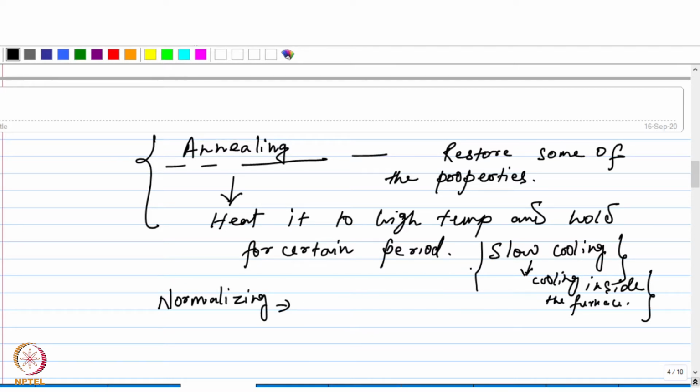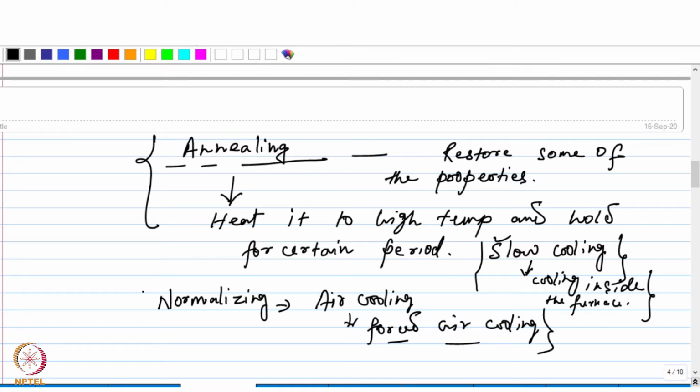On the other hand, if you want to increase the cooling rate, you can simply take it out from the furnace and do air cooling, either natural air cooling or forced air cooling. If you want to increase the cooling rate further, it can be done through forced air cooling also.